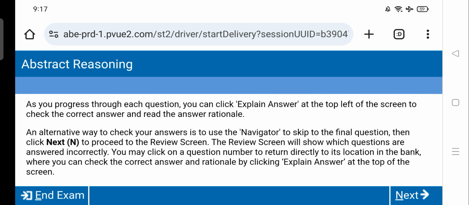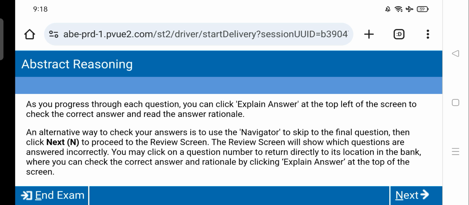As you progress through each question, you can click Explain Answer at the top left of the screen to check the correct answer and read the answer rationale. An alternative way to check your answers is to use the navigator to skip to the final question. Then click Next to proceed to the review screen.